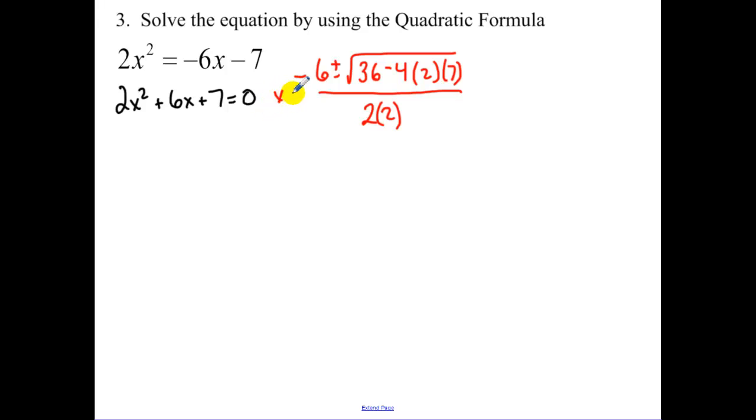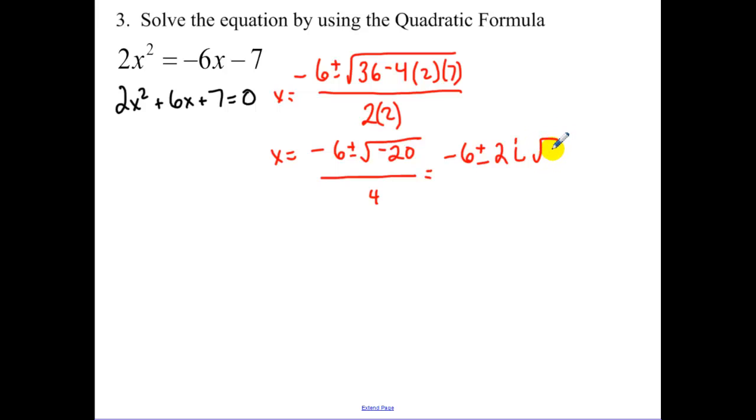And again, we're solving for x values. So underneath the radical, that is going to simplify to a -20 over 4. Now -20, I can pull out an i and the square root of 4, which is 2. I'm left with a 5 underneath, all over 4.